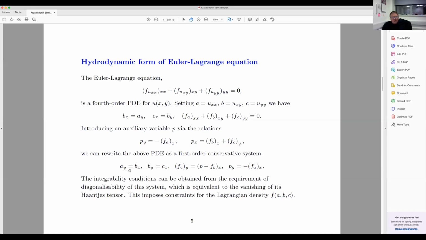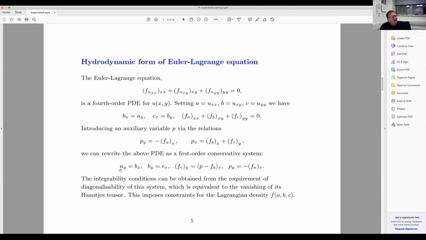So given a system of hydrodynamic type, you can efficiently verify its diagonalizability. I'm not writing here the Haantjes tensor. There is a recipe for how to do it: you calculate a certain tensor. It's like when you check the flatness of a metric, you calculate the Riemann curvature tensor.